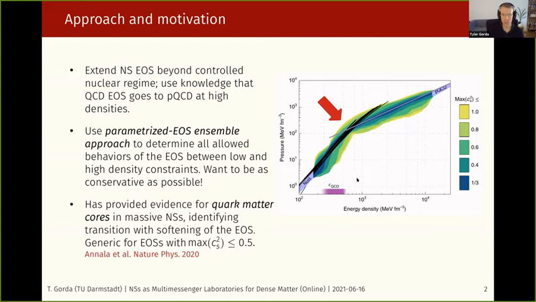And we have in our paper some arguments more sophisticated than this figure that argue that this softening in the equation of state band can be identified with the deconfinement transition, especially, we find generically, for equations of state with low maximum speeds of sound, c_s^2 less than 0.5 at all densities, to have these large quark cores, meaning that the TOV stars are on the right-hand side of this softening, and the matter in their cores is more consistent with quark matter properties than hadronic matter properties.